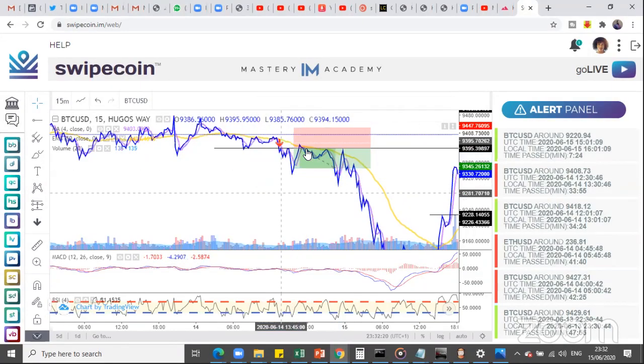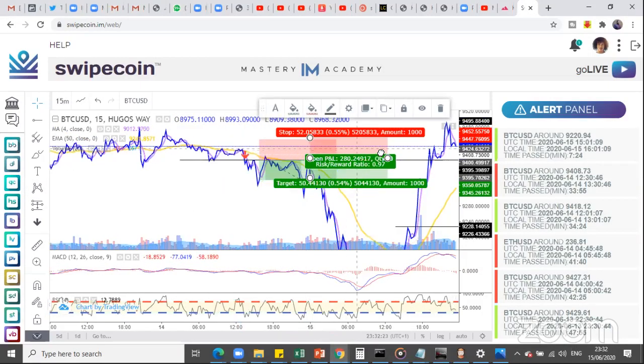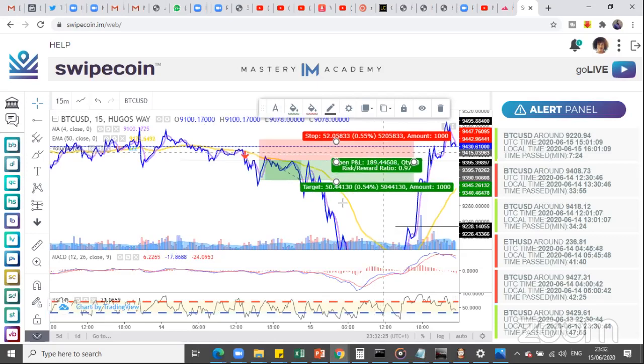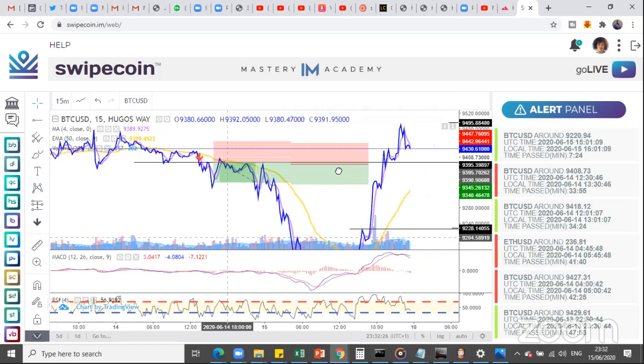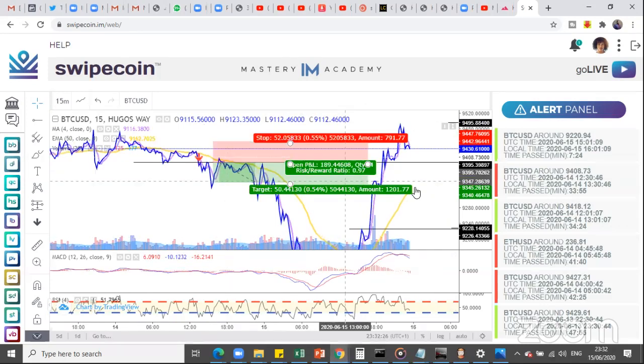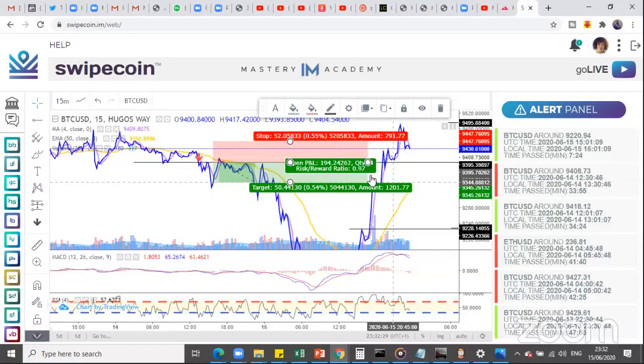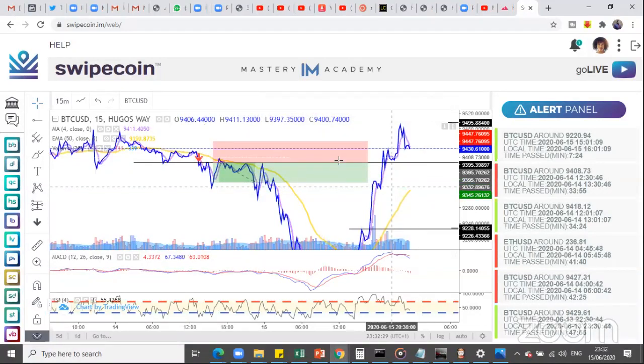The second one, if your account is big, like $1,000 or $500, you enter the second trade, the same 50, then the next one goes to 100, stop loss will be 50.